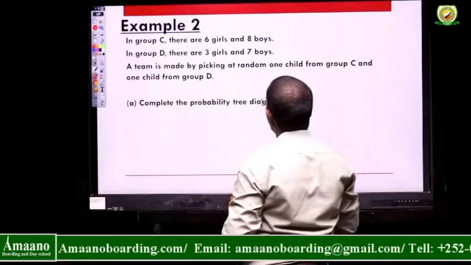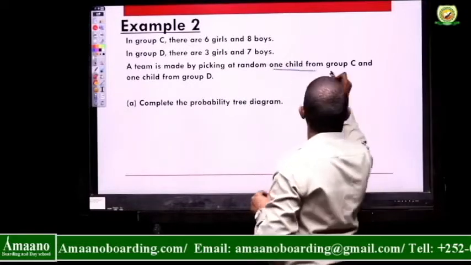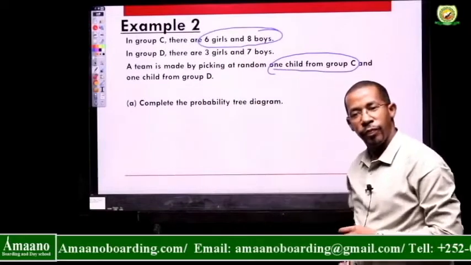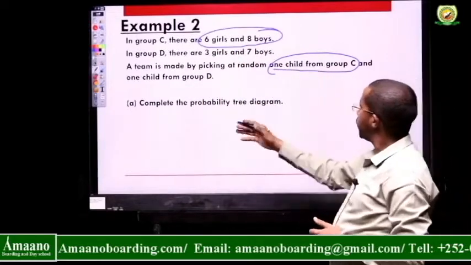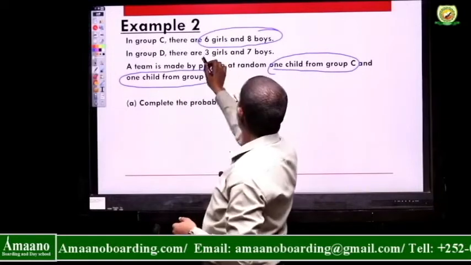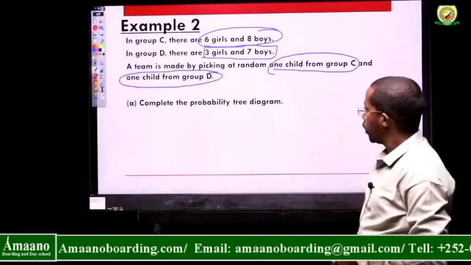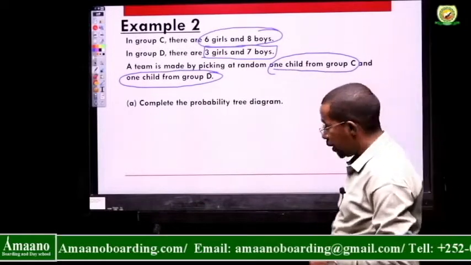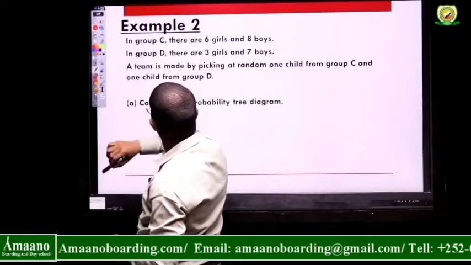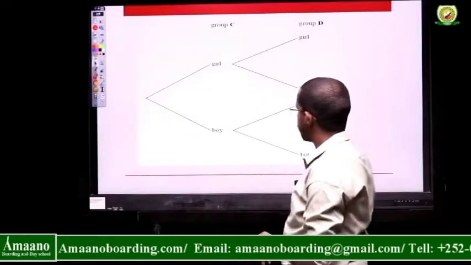A team is made by picking at random one child from Group C. So you first pick from Group C, which has this. After picking here, then you go to Group D. You choose also from Group D, and these are the members of Group D. So complete the probability tree diagram, which follows, which is on the next page.